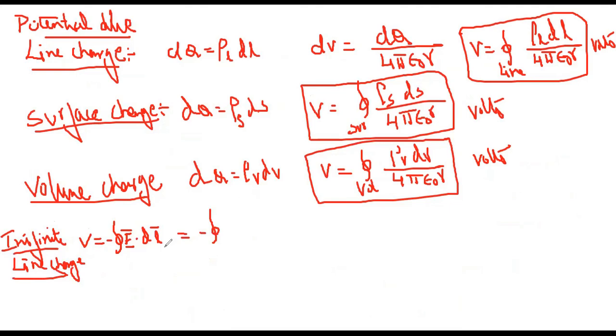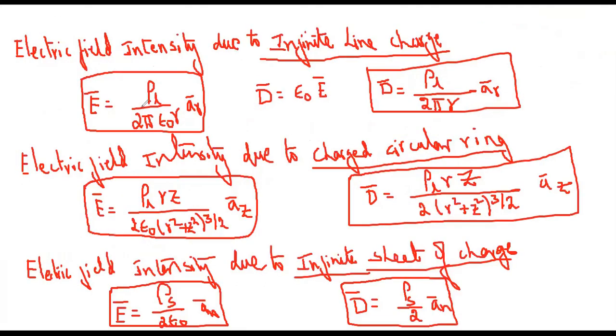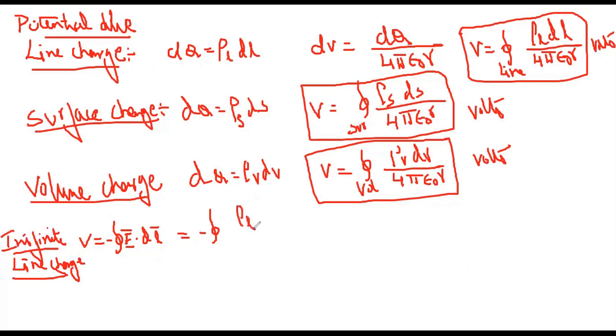Potential due to the infinite line charge. What is E bar equal to? We know rho L by 2 pi epsilon naught R into AR bar, dot, what is dL bar? dL bar is dR into AR bar.